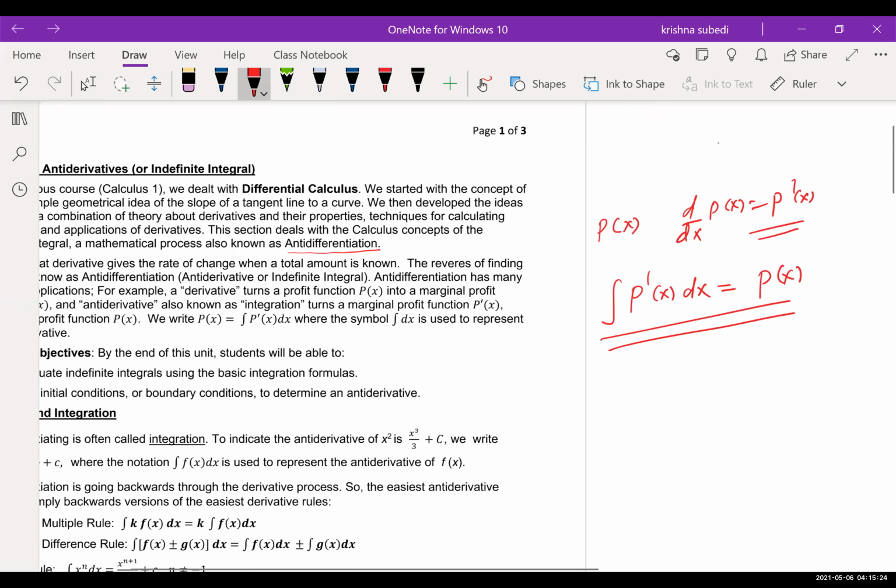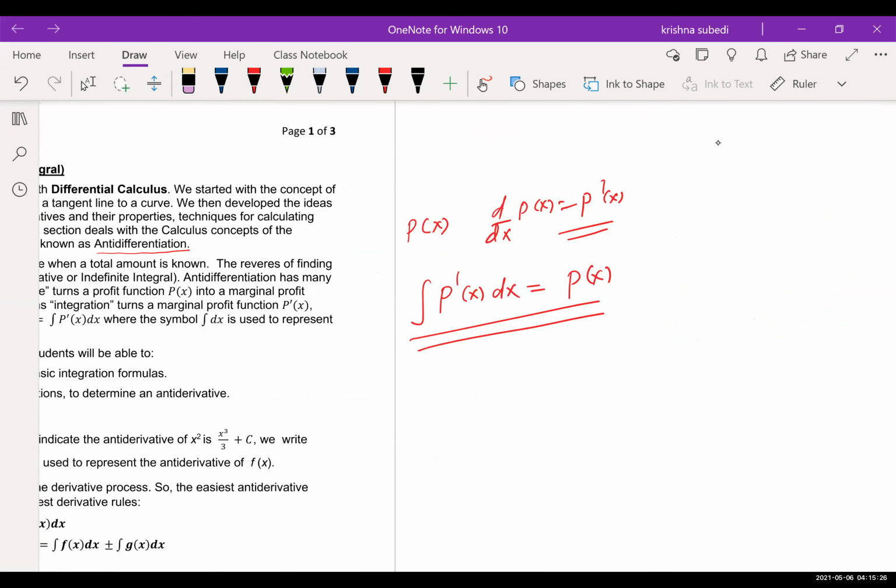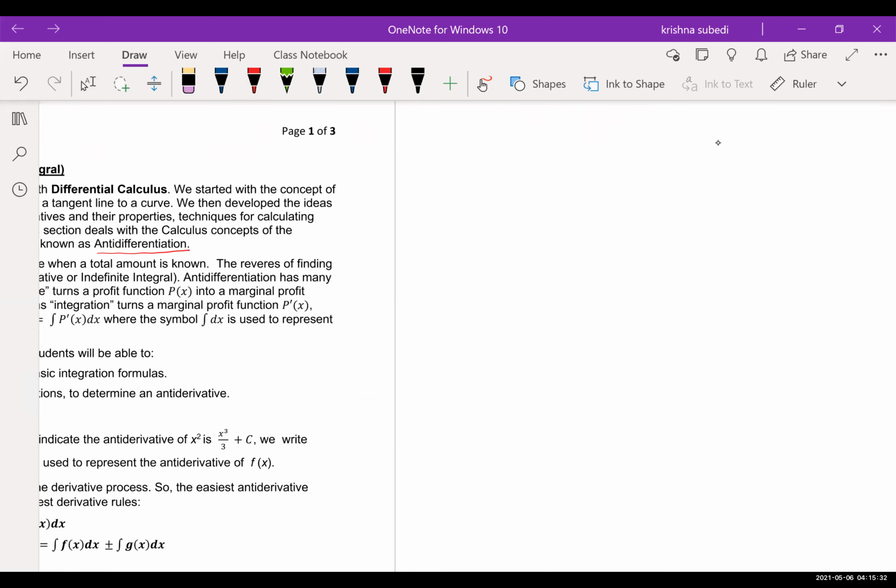Now let us quickly recall some of the techniques we learned in calculus 1. Suppose you are given a function f of x equals, let's say, x squared over 2. What is the derivative of that?